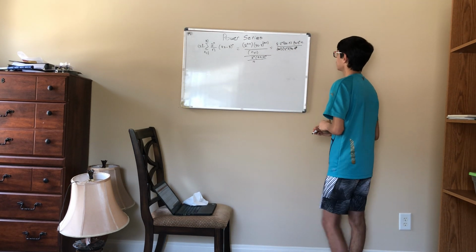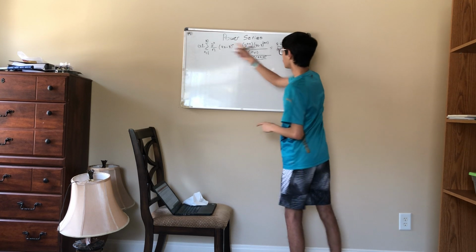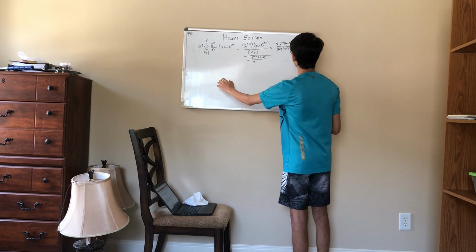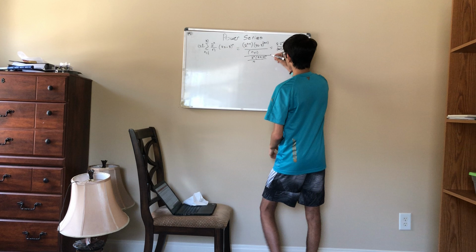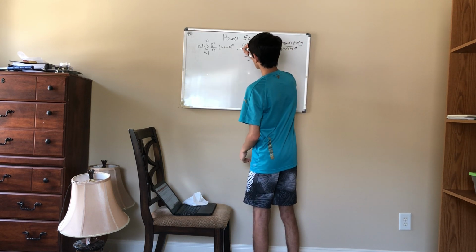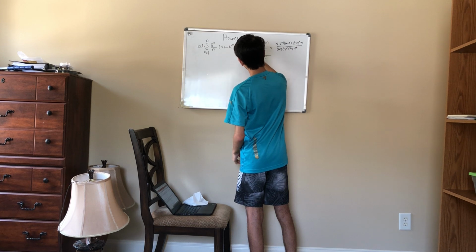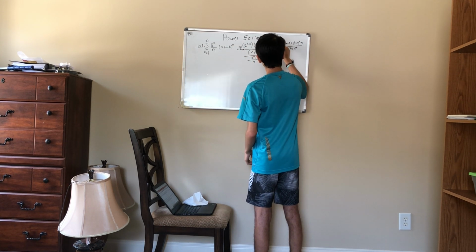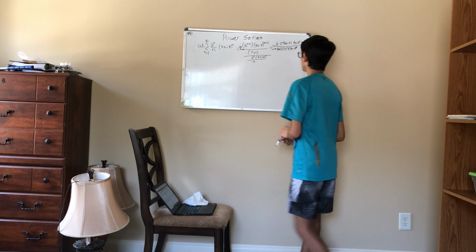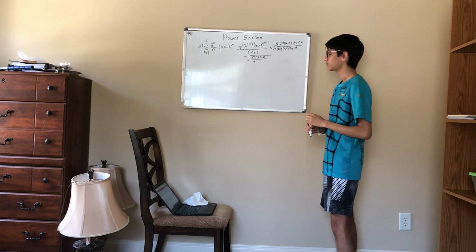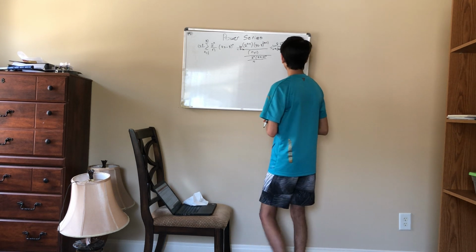Now, wait, no, that's actually incorrect. It's the limit as n approaches infinity, because the ratio test means that you need to have a limit sign over there.